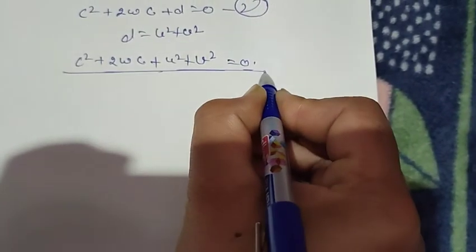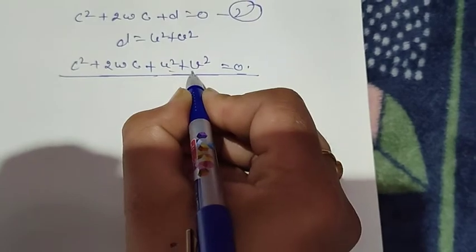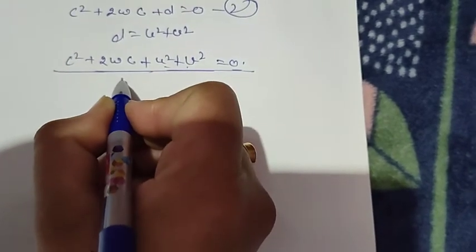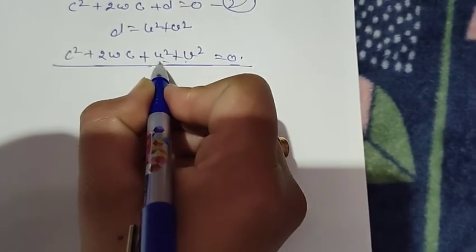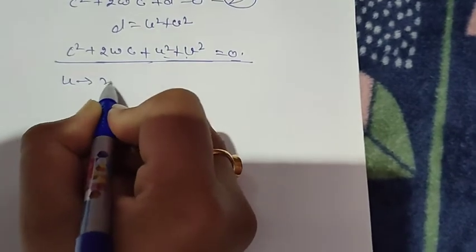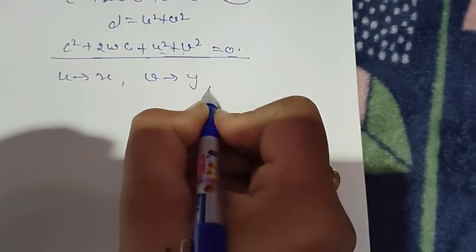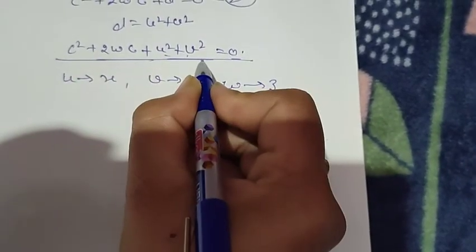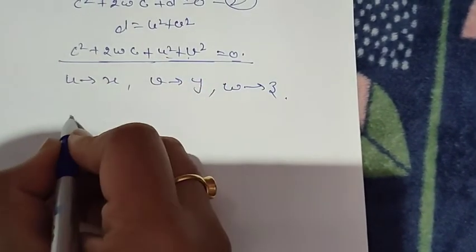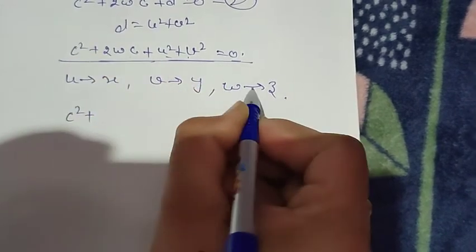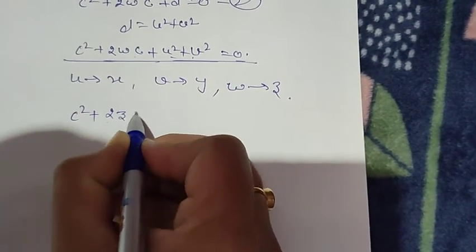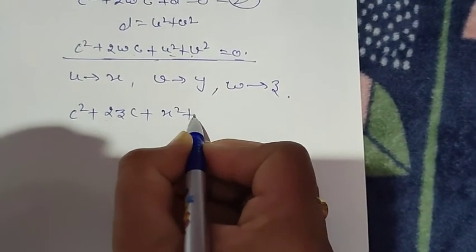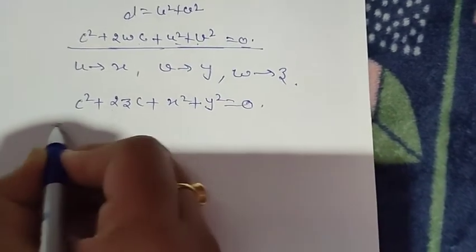This is the equation in the center of the sphere. Then we find the locus of the center of the sphere. We put x in place of u, y in place of v, and z in place of w. Then the equation of the locus becomes c square plus 2zc plus x square plus y square is equal to 0.